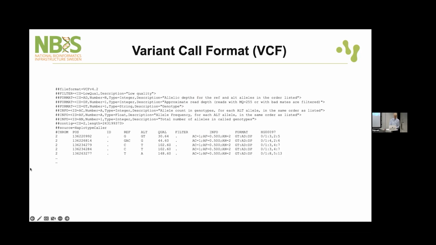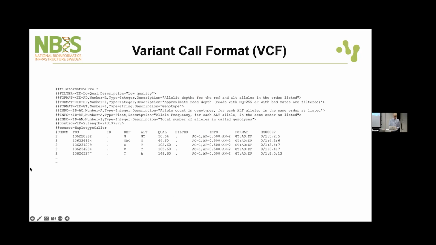Here is an example of the content of the VCF file. The header section contains a lot of information on what the individual columns actually contain in the record section. We have the chromosome, position, an identifier if present, the reference allele, the alt allele, the Phred quality score.